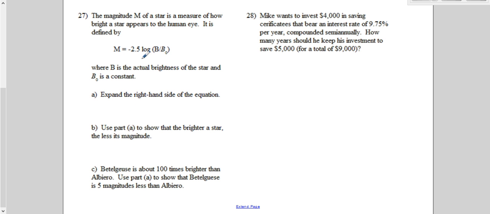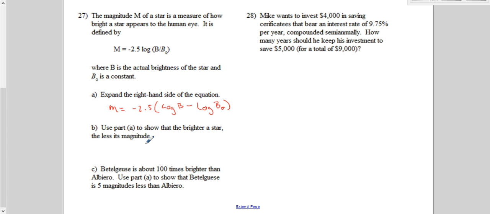So to expand the right-hand side, we're going to have m equals that negative 2.5 being multiplied, and then we're going to split this up into two logarithmic expressions. So in parentheses, log of B, because it's division, I'm subtracting log of B sub 0.